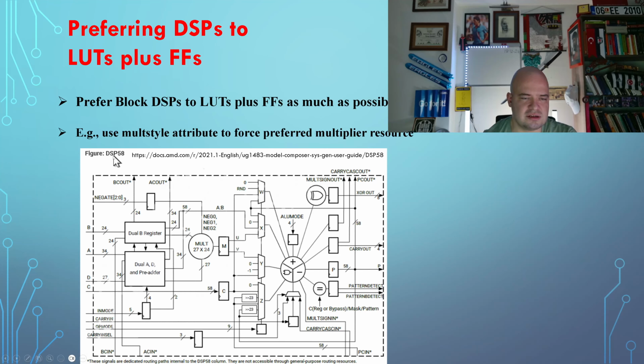And this is of course in addition to those arithmetic operations. As you see here, this is an AMD Xilinx DSP58 figure. There are many pre-registers and post-processing registers at the output side. These DSPs include many multiplexers as well.